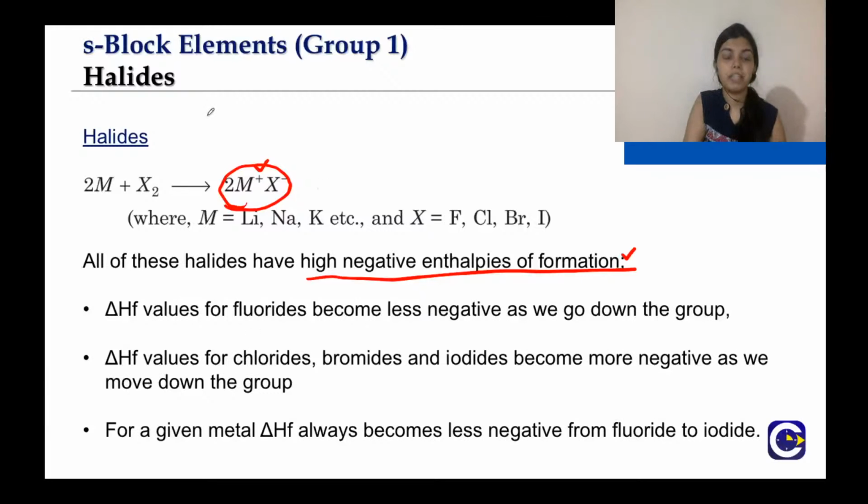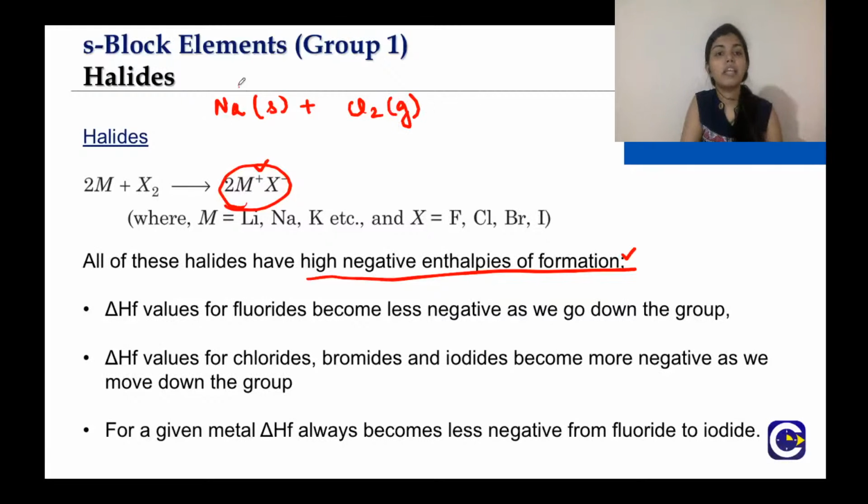For example, let us say that we are having sodium solid plus Cl2 in gaseous state, because the native state of sodium is solid and the native state of chlorine is gaseous, and we are obtaining NaCl. Now NaCl should be 1 mole here, right?